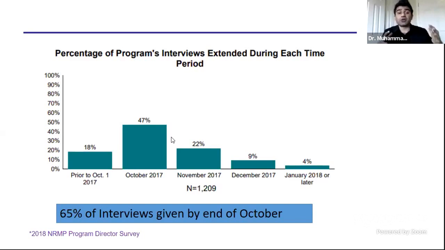But the majority of the programs, about 65% on average, usually call in the month of October. October is the time they call you for interview. If you don't have your scores available, you can still send out the application, but your application will not be really strong. Okay.